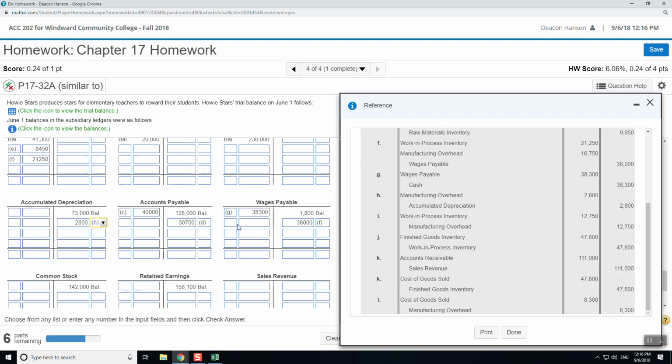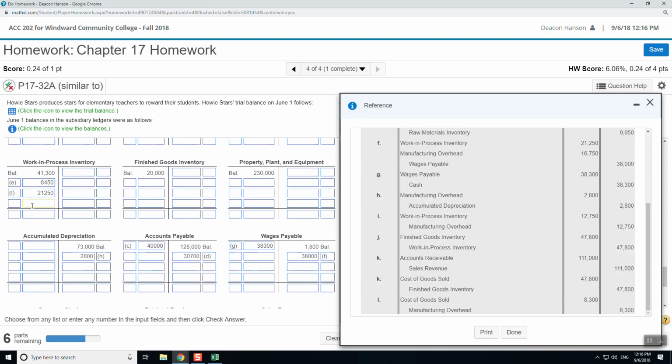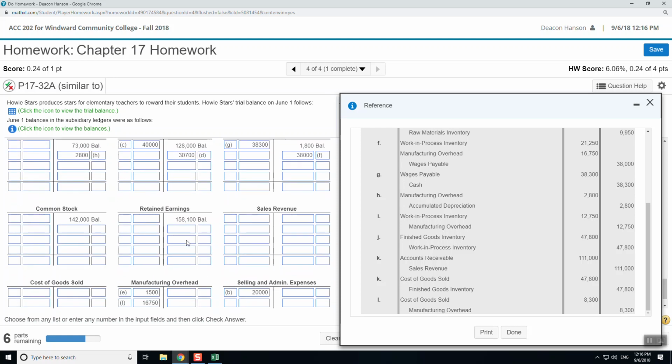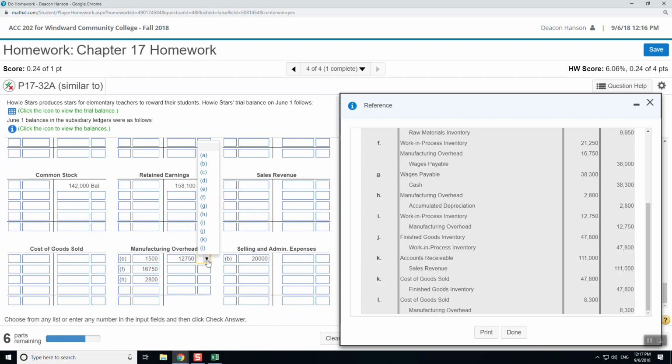Work in process, 12,750. And manufacturing overhead. That was the allocation, right? If you remember, when we moved it out of overhead into work in process. So you can see everything that's happening to each account in this ledger.